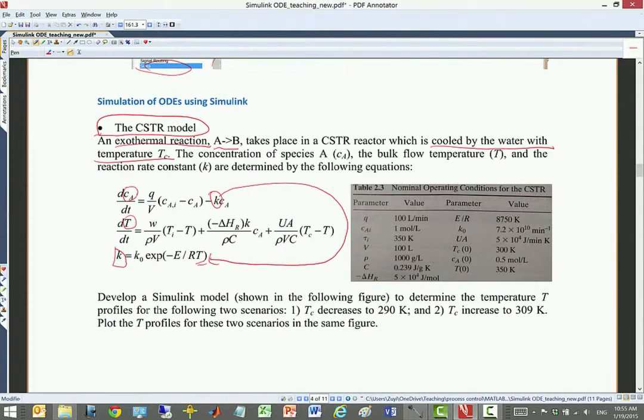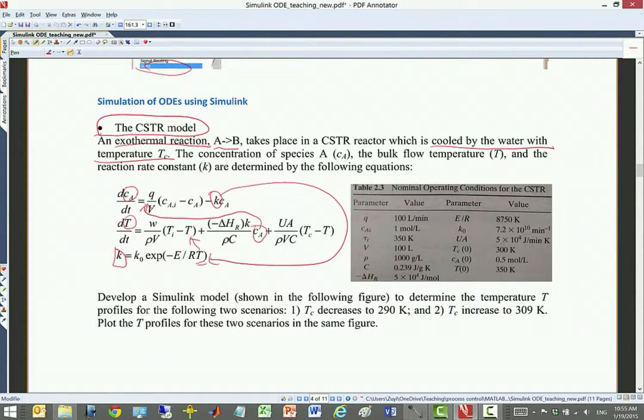Because the K is here. K is calculated using this equation, so we need to know the temperature to know the K value. And to get the temperature value, we also need to know the Ca value, right?